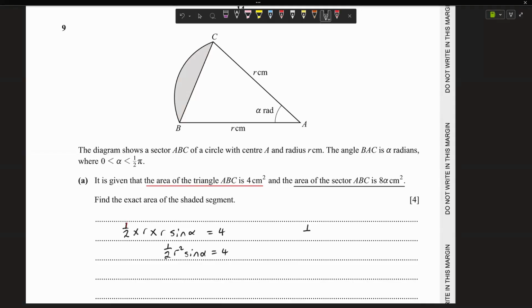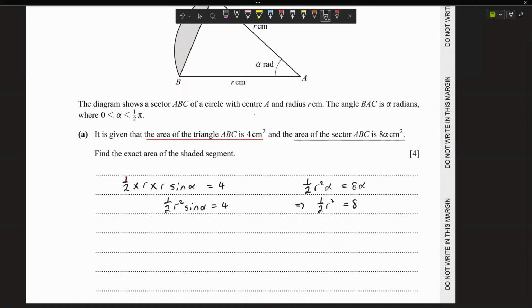Area of sector is half r squared alpha. So half r squared equals 8 if we divide both sides by alpha. Then r squared is equal to 16 if we multiply both sides by 2. Then r is equal to plus or minus 4 if we square root both sides, but we will use the positive value.